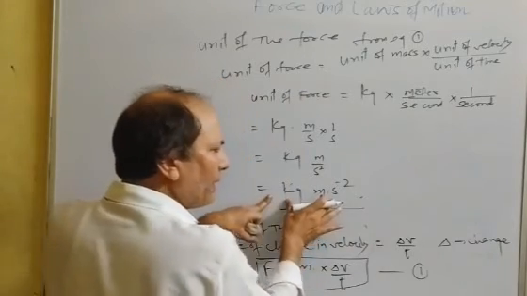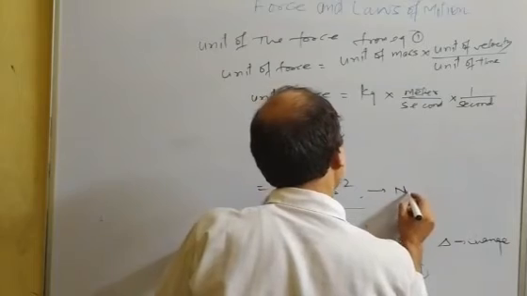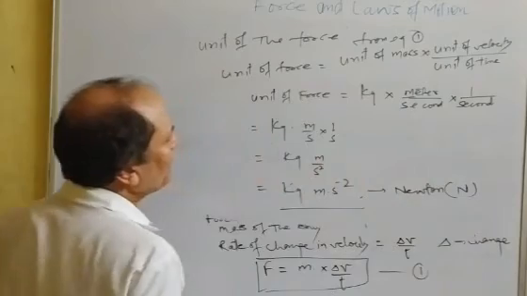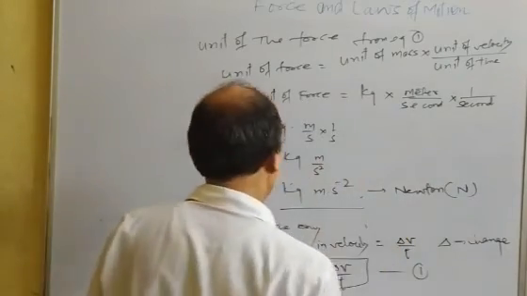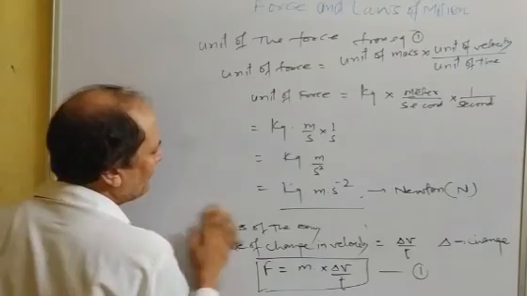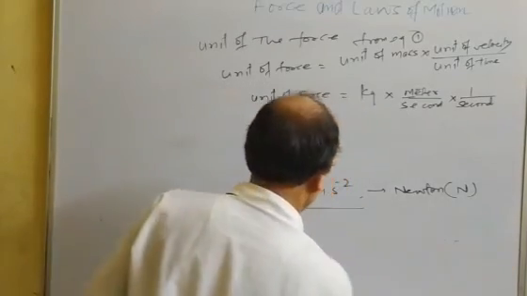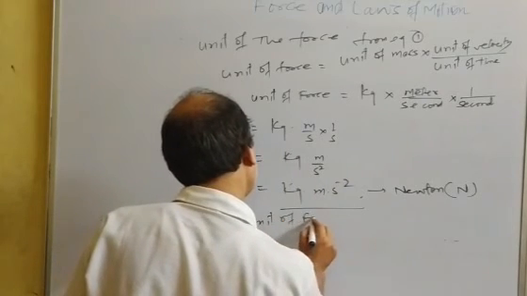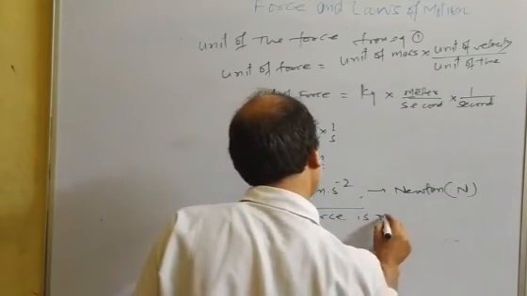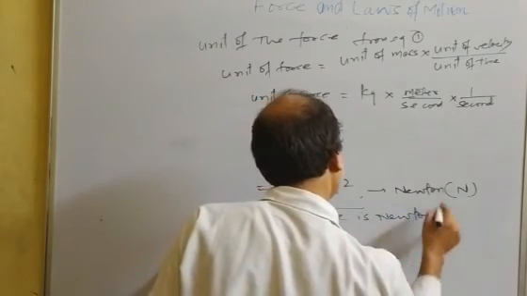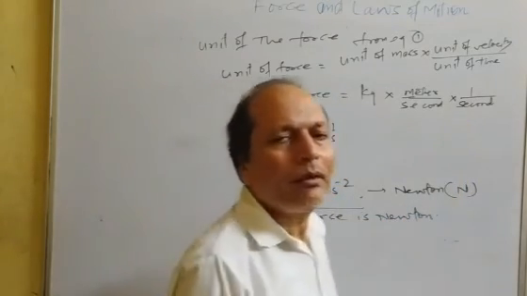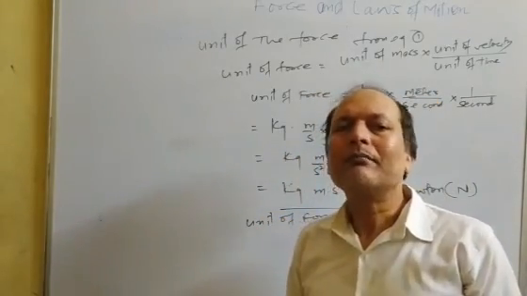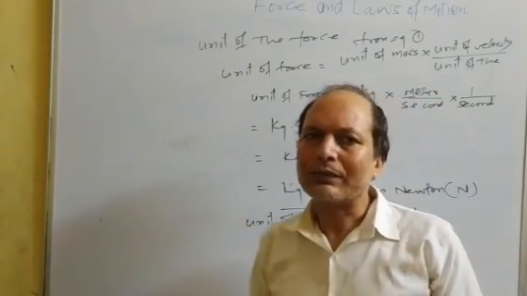This is also known as Newton, denoted by capital N. So we can say that the unit of force is Newton. That's all. In the next video, I will tell you the effects of force and some numericals related to force. Thank you.